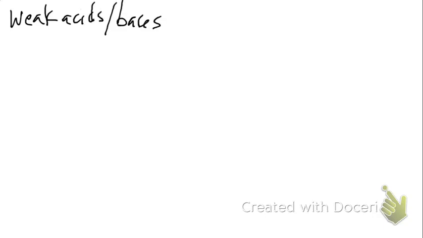So that's strong acids and strong bases. What about weak acids and weak bases? What about them? So we know that weak acids and weak bases are not going to completely dissociate like strong acids or strong bases.